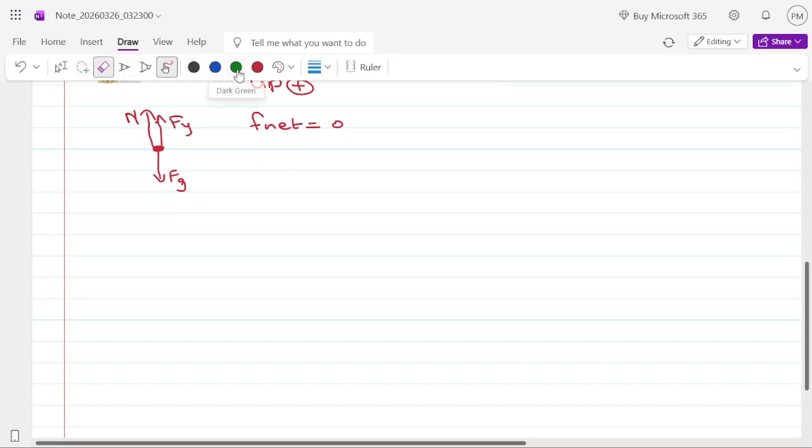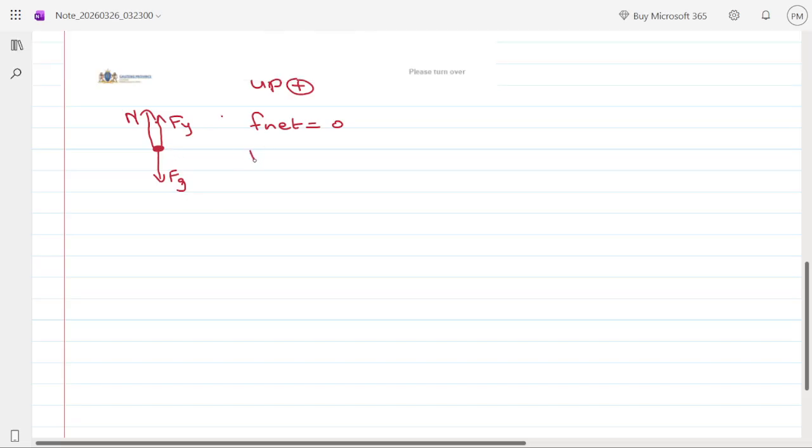So now, to find the normal force, we're going to add all the forces that are going up, which is the normal force and your Fy. Then we subtract all the forces that are going down. Let's equate this to 0. So if we equate this to 0, what is the normal force? The normal force will be, the Fg goes to the other side to be positive, then the Fy comes this side to be negative.